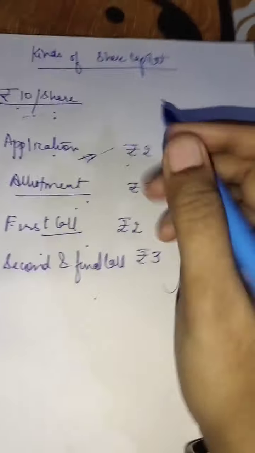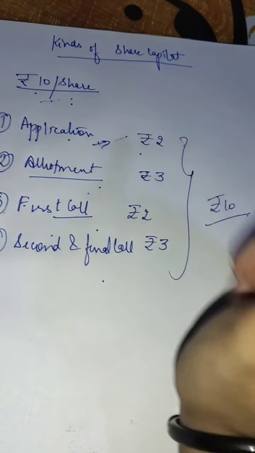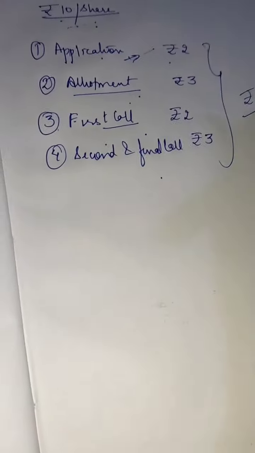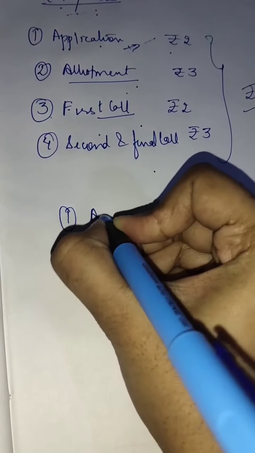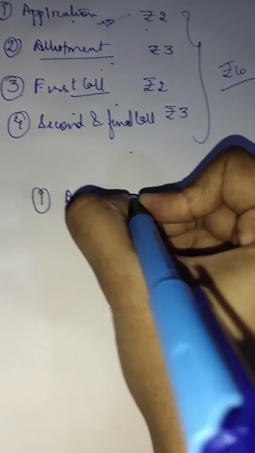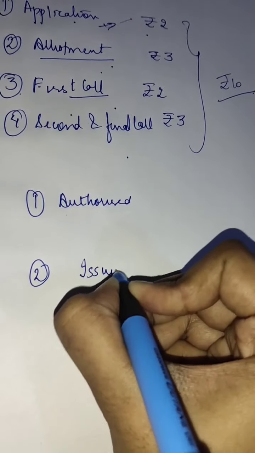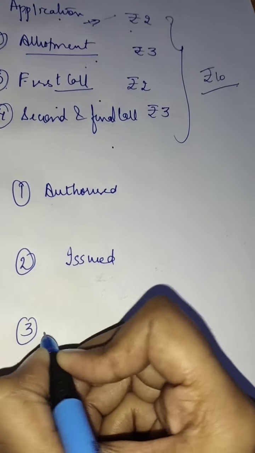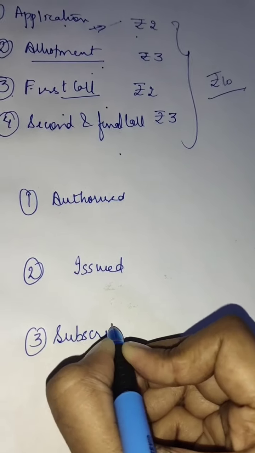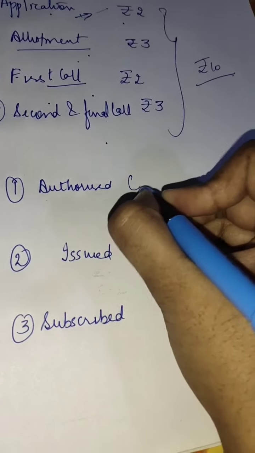So now the topic is kinds of share capital. Basically there are 3 kinds of share capital. First is authorized, second is issued, third is subscribed capital.